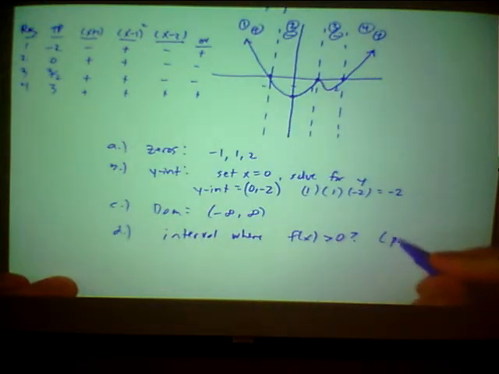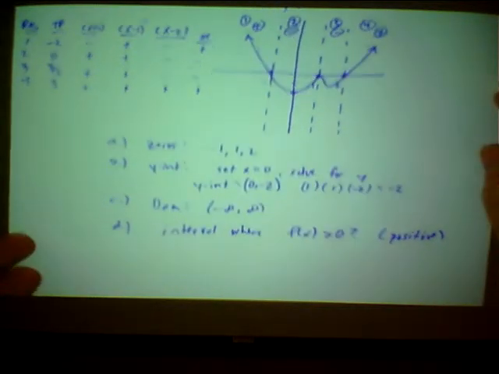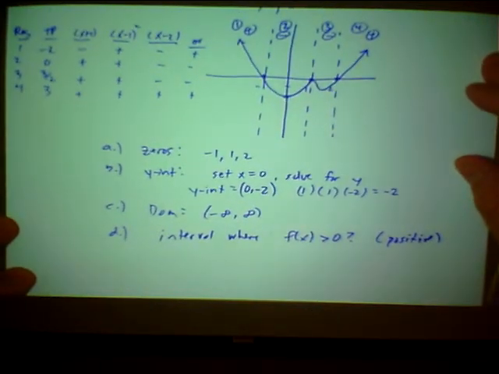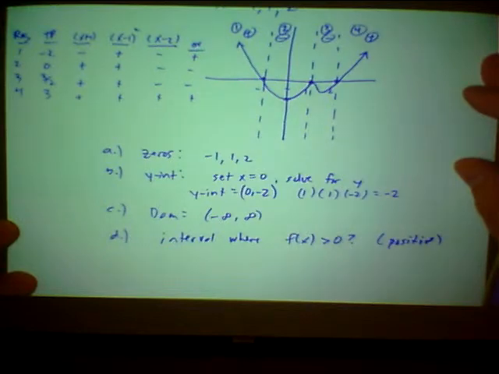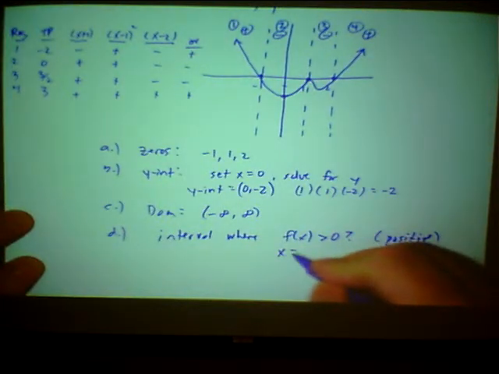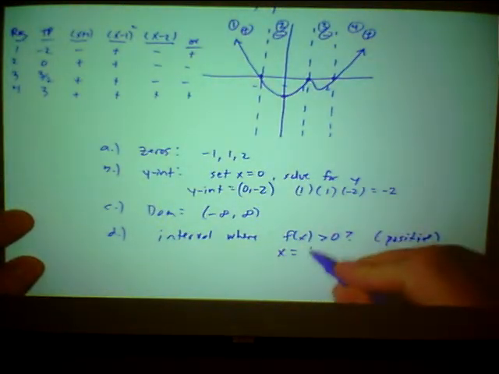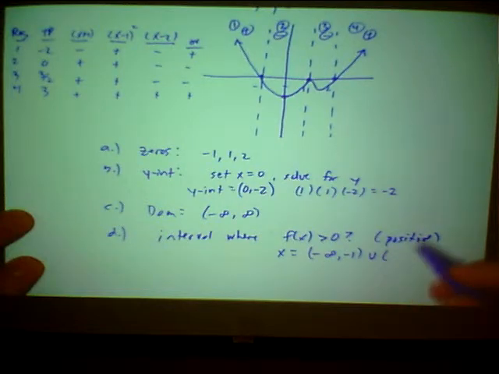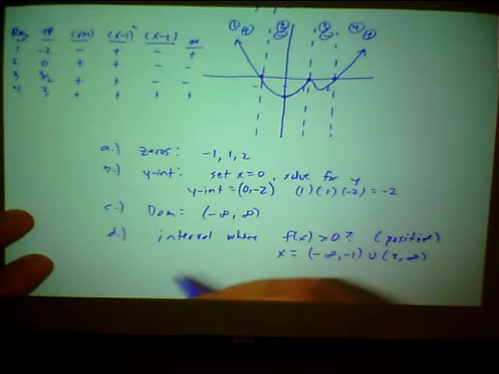In other words, what's the interval where the graph is positive? Hopefully you can see the graph. Well, it's positive in regions 1 and 4. So you simply say, I'm going to union regions 1 and 4. Region 1 is negative infinity to minus 1 union with 2 to infinity.